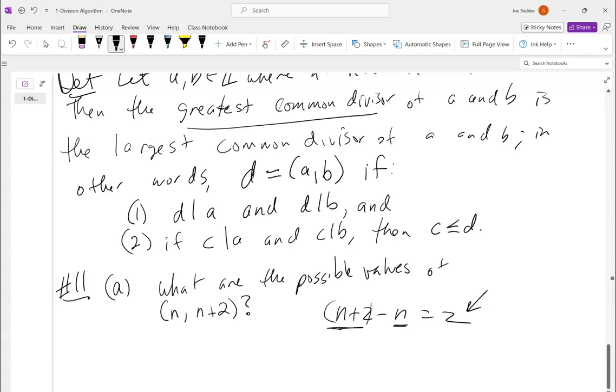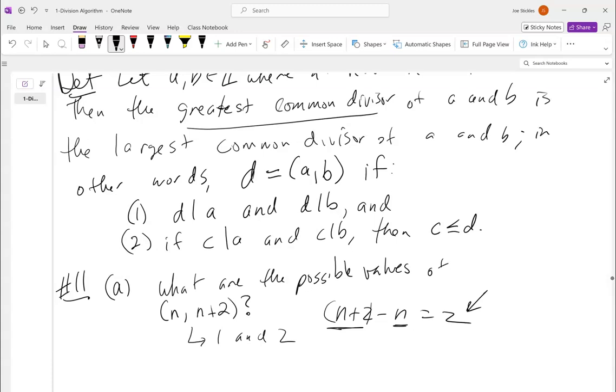It has to divide the 2, right? So if it divides the n plus 2 and it divides the n, it has to divide 2. So what are your choices for common divisors? 1 and 2, which is exactly what we were seeing by plugging in different values, right? So the possible values for this are 1 and 2. That's all you can possibly get.